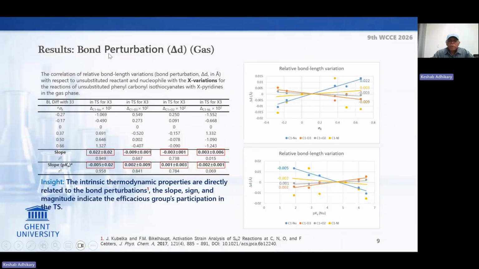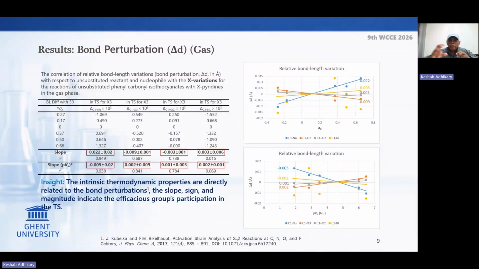So this is the bond perturbation. We use the non-substituted nucleophile and substrate, and the substituted substrate and nucleophile, and their structures in the TS state.